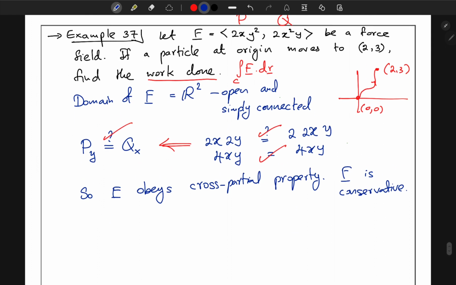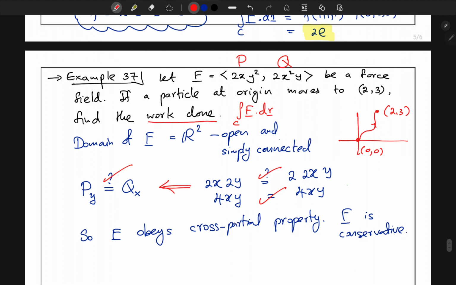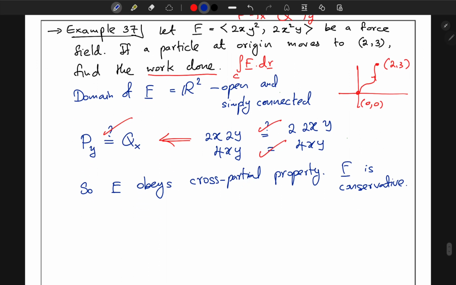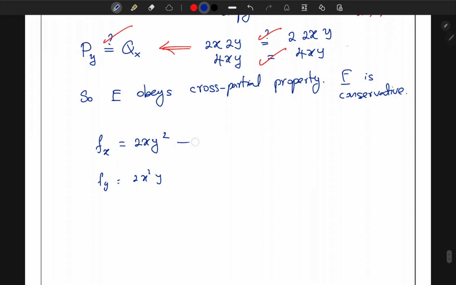So now let me go back. First coordinate is f sub x, second coordinate is f sub y. So we get f sub x is 2xy squared and f sub y is the second coordinate, 2x squared y. Integrate with respect to x, you get x squared y squared. So f equals x squared y squared plus a constant with respect to x.